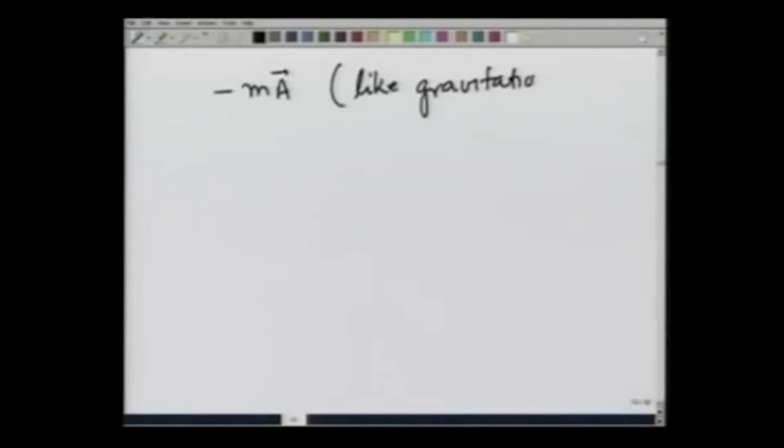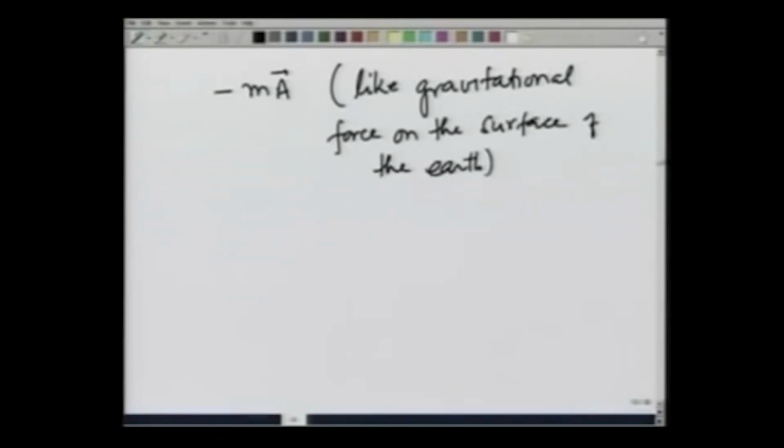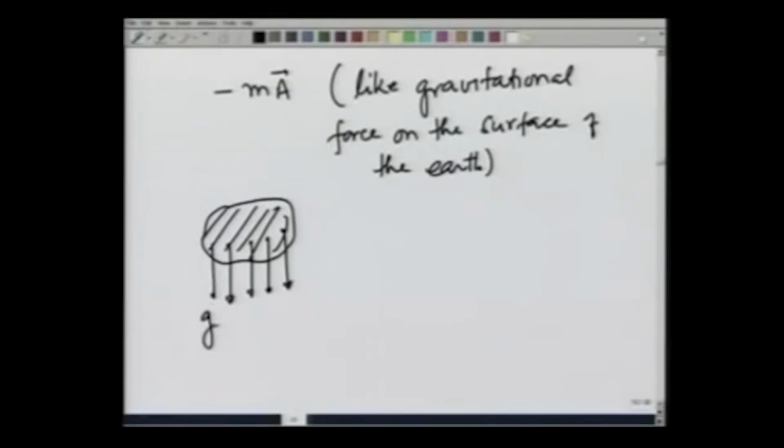One comment about this pseudo force that we introduced, minus m a, it is like the gravitational force on the surface of the earth, except that its direction is slightly different. Recall that if I have a body on the surface of the earth, all parts of it are pulled towards the earth by a uniform acceleration g.